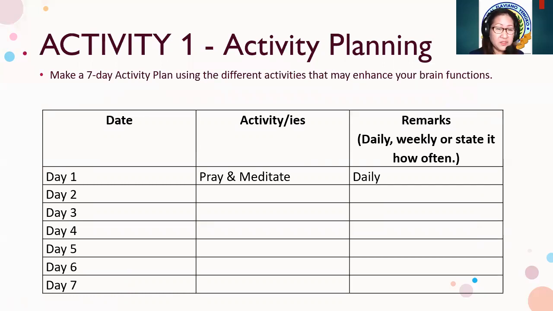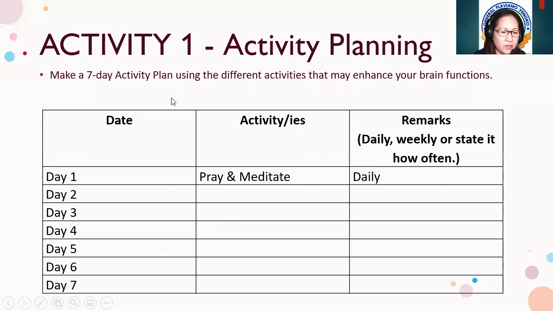So for activity number one, definitely ito yung activity planning, part of our task in personal development plan. So I want you to come up with a 7-day activity plan using the different activities that may enhance your brain functions. Meron tayong tatlong columns dito.